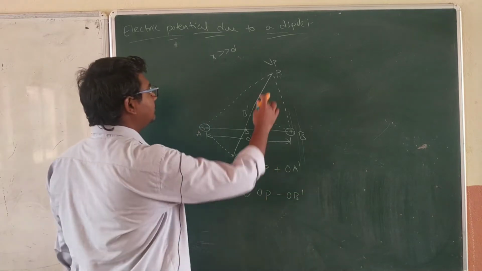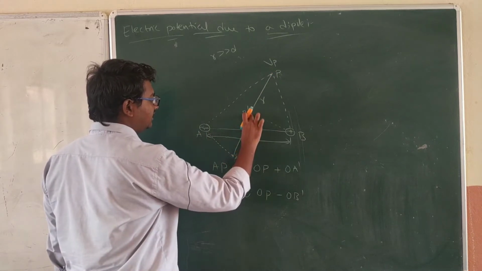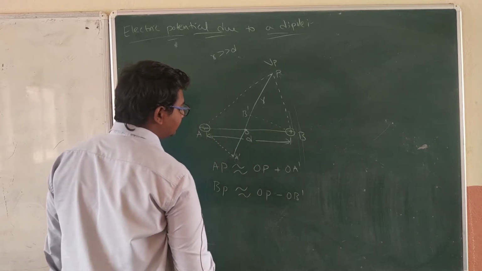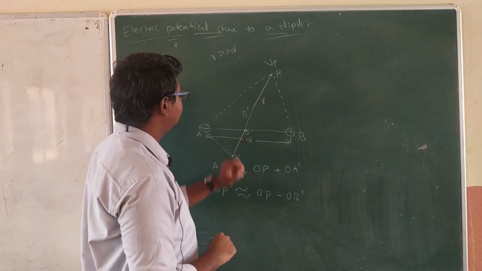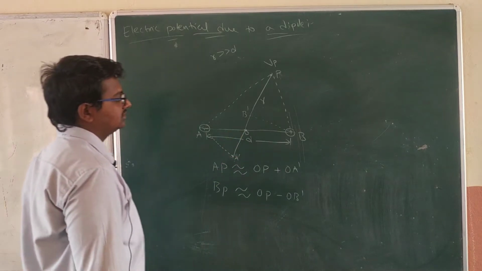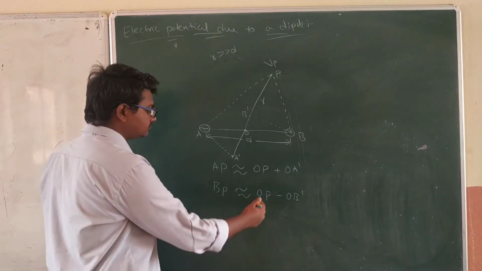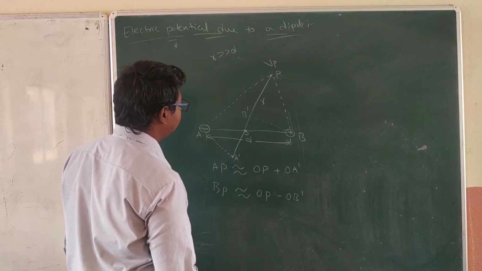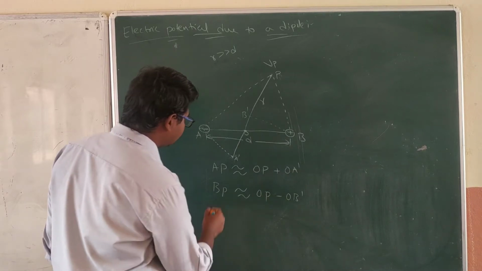Why minus? Because from here to here the length is OP, and from here to here is OB dash. That's why we need to consider it in this manner. BP is similar to that particular length, OP minus OB dash.